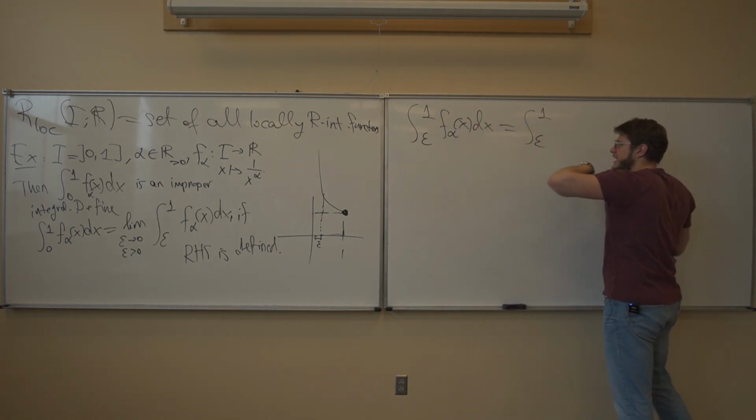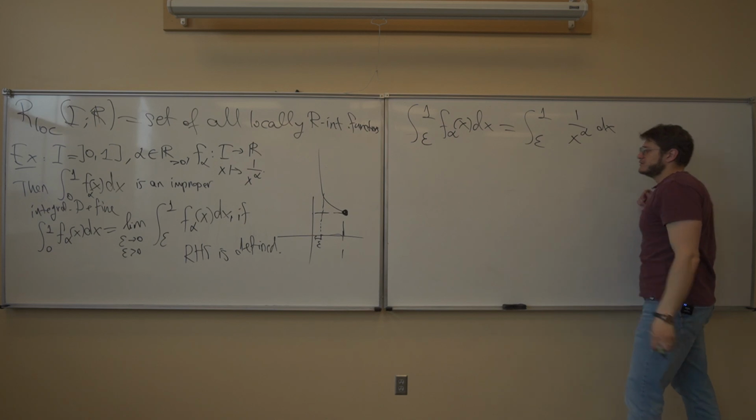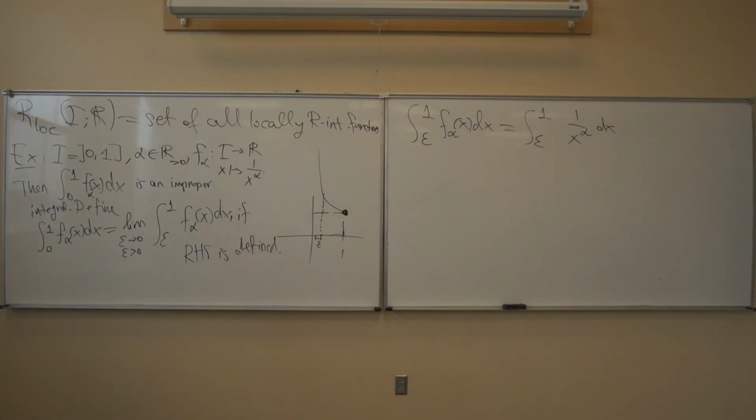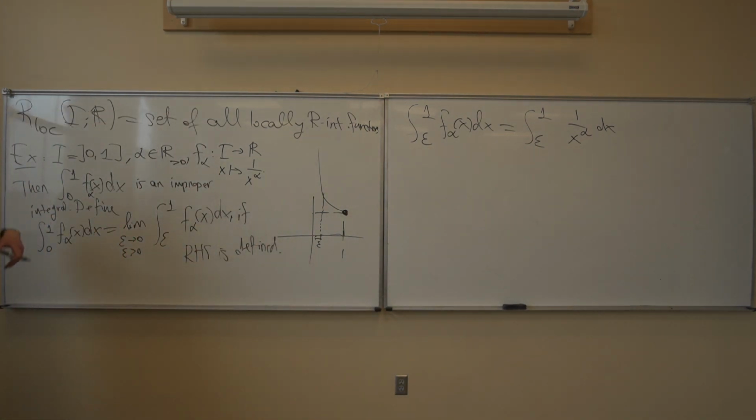Substituting, I have that f sub alpha of x is nothing but 1 over x to the alpha dx. Now, can I guess an antiderivative for this? If I can guess an antiderivative for it, I can just evaluate it at the endpoints, and that would be the end of it, right?